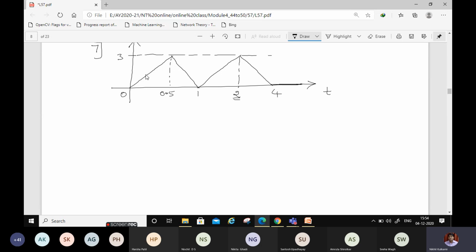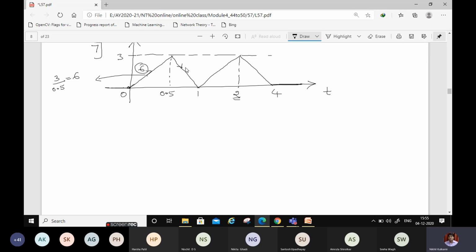After solving, start from here at 0. There is no change in magnitude, it is 0 only. So for the ramp, what will be the slope? Directly, can you tell me? Delta y by delta x, 3 divided by 0.5, and it is a positive slope anyway. So that will be 6. The slope is 6.